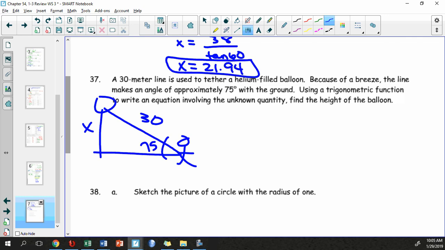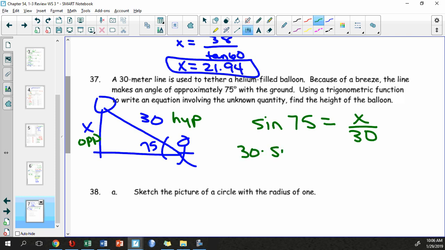According to 75 degrees, what is x? Opposite. What is 30 according to the 75 degrees? Hypotenuse. So this is the sine of 75 is equal to opposite x over 30 hypotenuse. How do I solve for that? Absolutely. So you have 30 times the sine of 75 is equal to x.